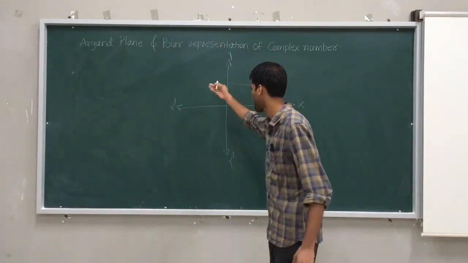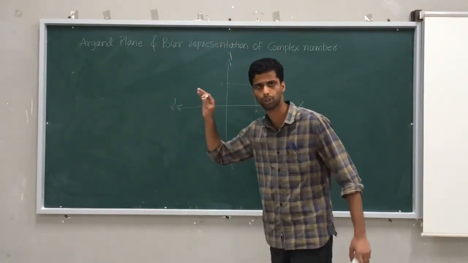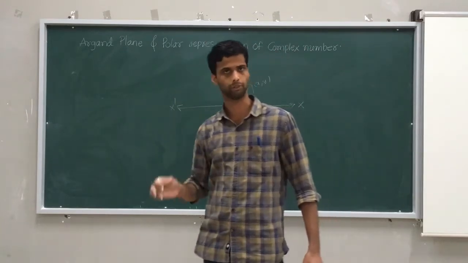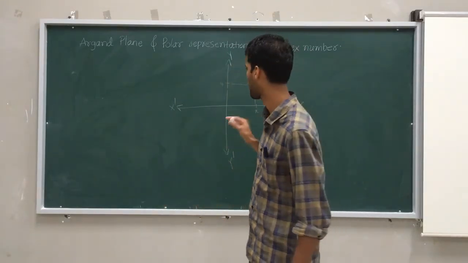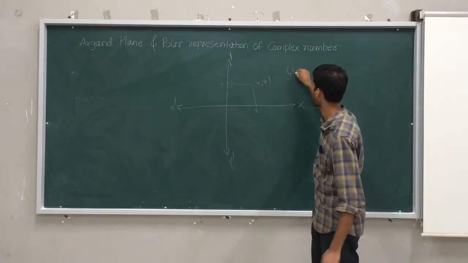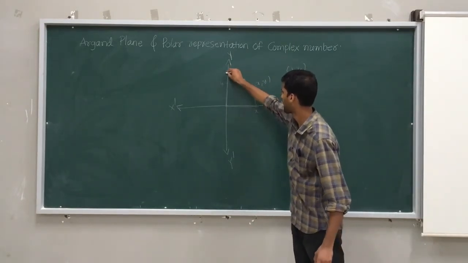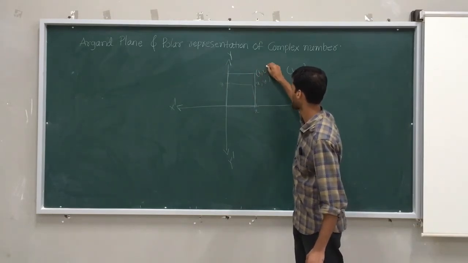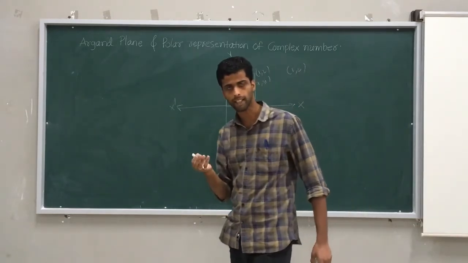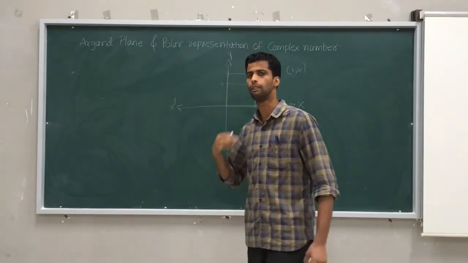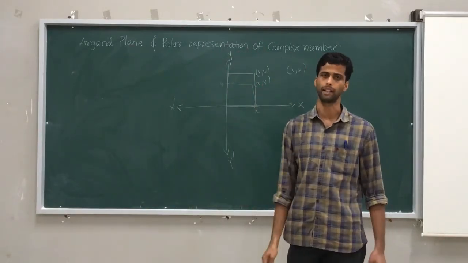Similarly, you can consider negative and positive points, positive and negative, both negative, etc. If I want to mark 1, 2, I'll go 1 unit on the x-axis and 2 units on the y-axis. Finally, I join these two points, it becomes 1, 2. Now, what is Argand plane? In Argand plane, we represent complex numbers.